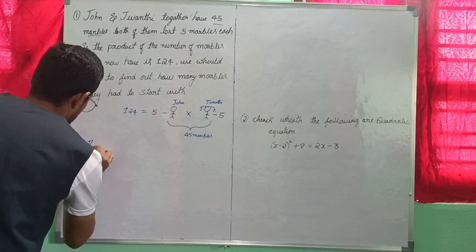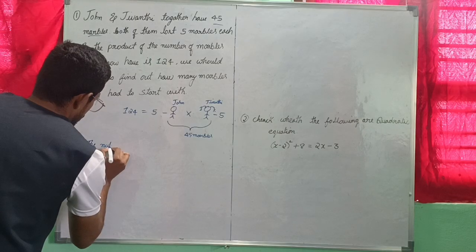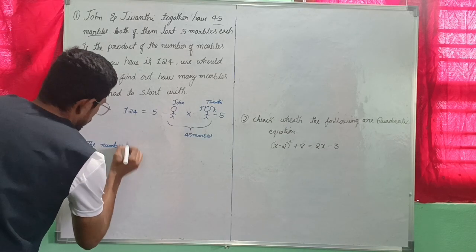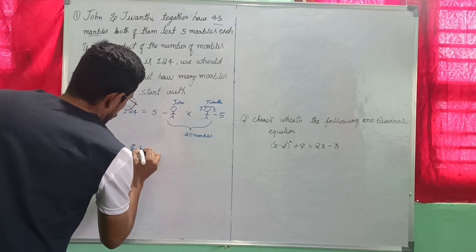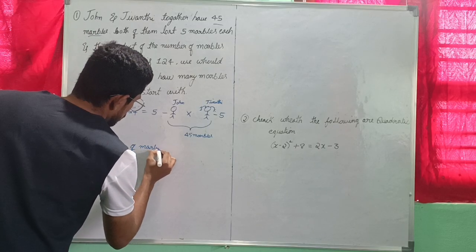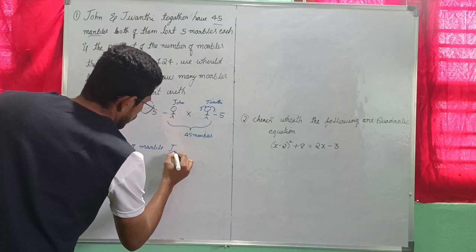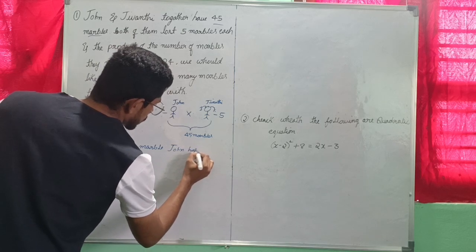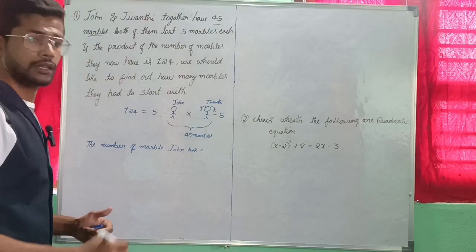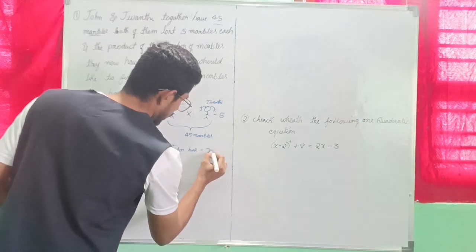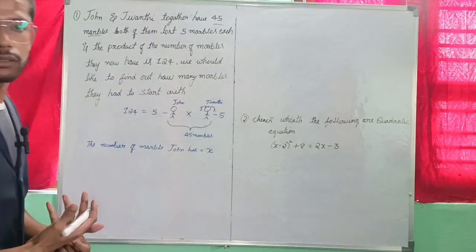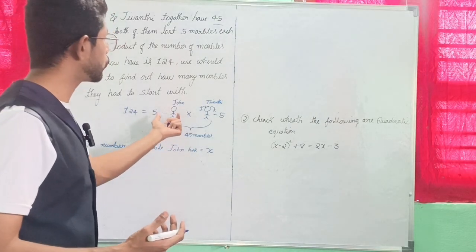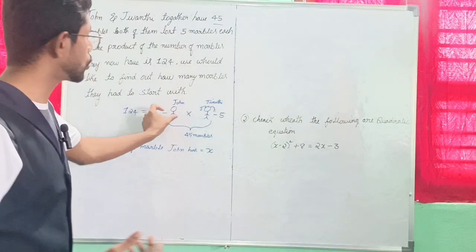Let's take the number of marbles John has as x. Why did I take x? Because we don't know the particular number of marbles that John had.